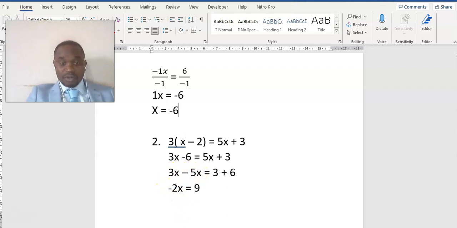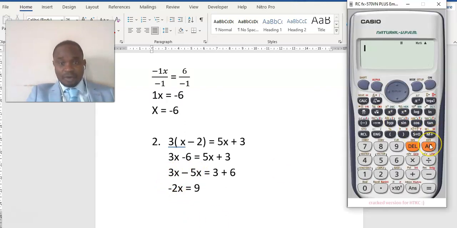Minus 2x. If you are not sure, press the calculator to get the correct thing. So minus 2x is equal to 3 plus 6, which is 9. If you know it mentally, that is good.